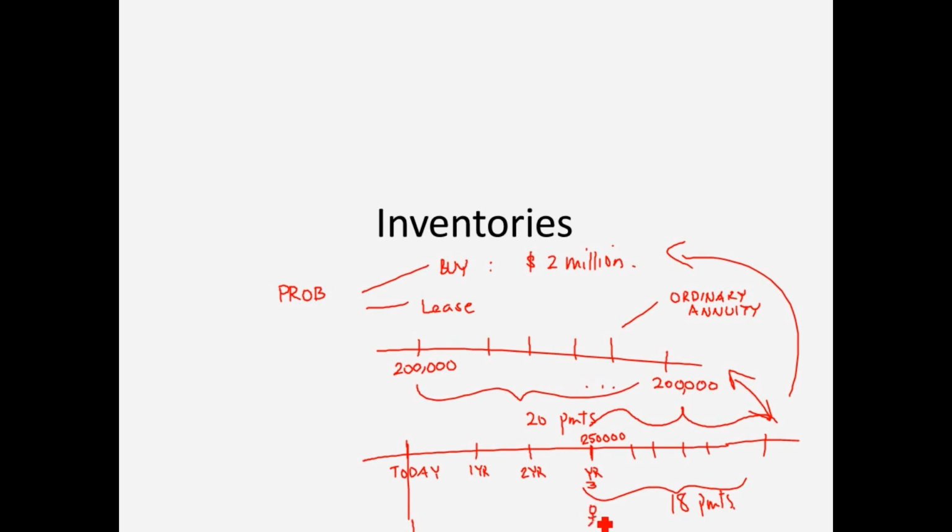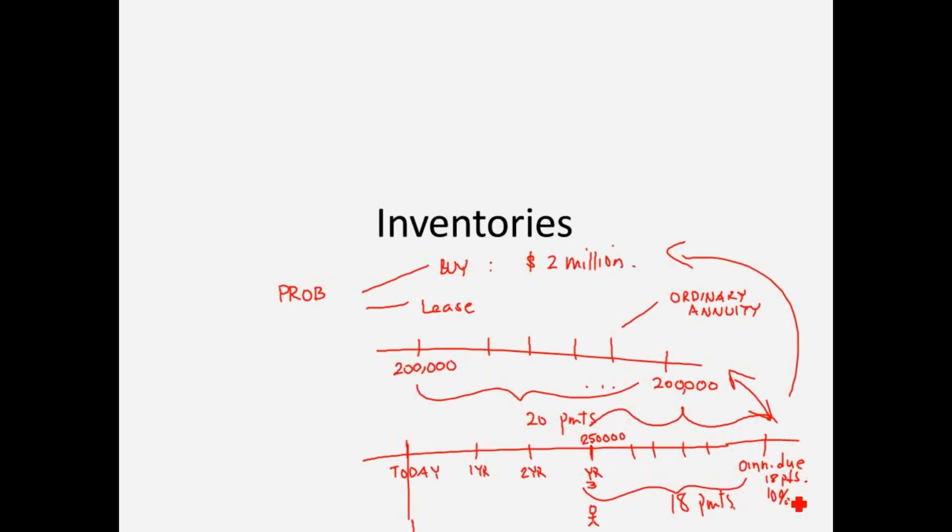Okay, this is me here. And I could say, now this is an ordinary annuity. This is an annuity due. This is 18 periods, 10% interest, and so on and so forth. So annuity due, 18 periods, 10% interest. Am I done?